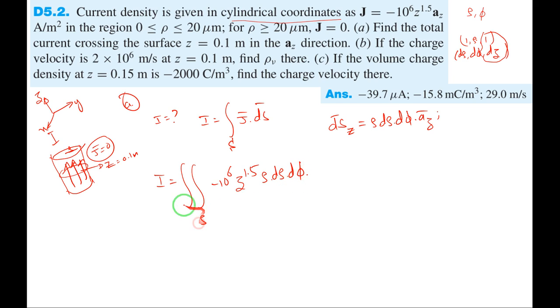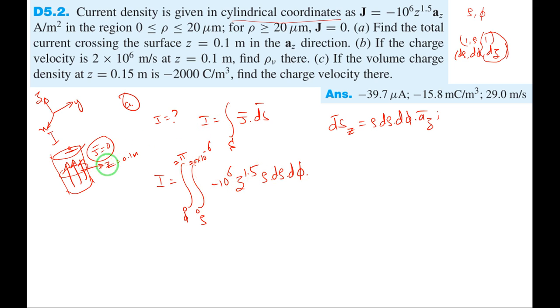Rho is varying from 0 to 20 micron meter, 20 micron means 20 times 10 power minus 6. Then phi, if it has to form a cylinder or closed surface, has to vary from 0 to 360 degrees, that is 0 to 2 pi. So z is constant.